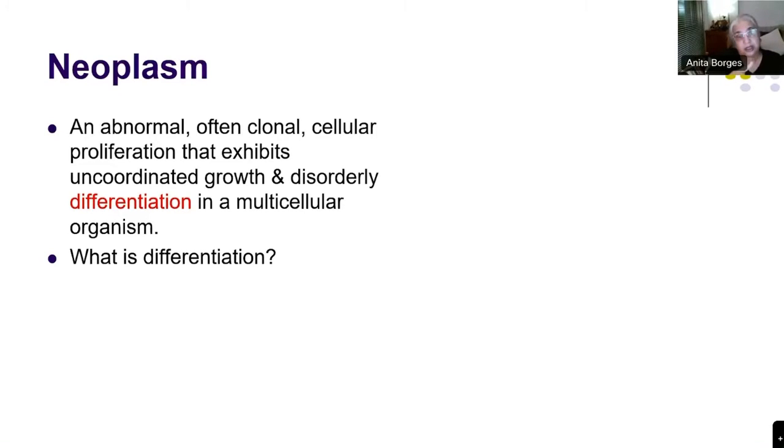But what is differentiation? Are you telling me that lymphocytes, or for that matter your blood cells, erythrocytes, do not differentiate, that erythroblasts do not differentiate to become red blood cells? Are you now going to talk about differentiation as being functionally and morphologically close to what?